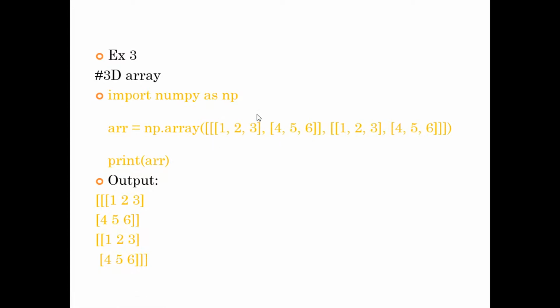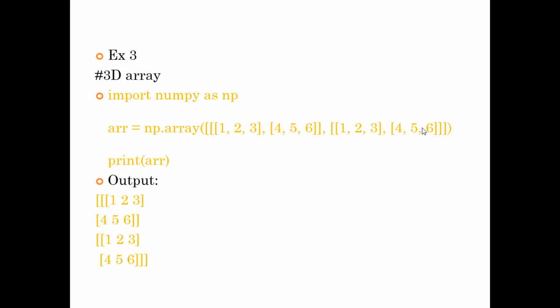1, 2, 3 and 4, 5, 6 are one group. Comma. After this comma, I have one more group of this full thing till here. I have one group having two sets of elements. 1, 2, 3 and 4, 5, 6 again are having one group the second time. So this nesting will give you a dimension.